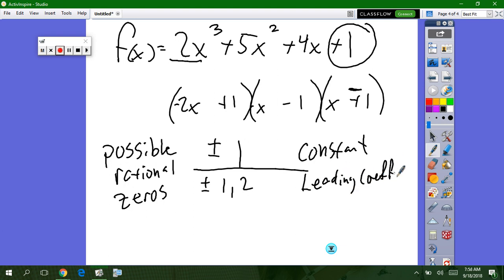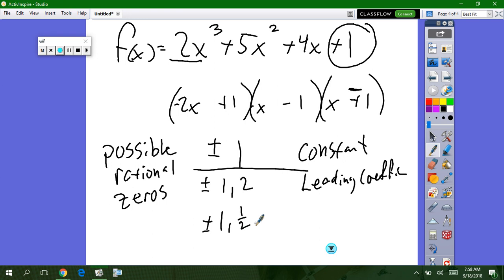coefficient. Now why? Why am I going to get these from, notice, these numbers divided by these numbers? So what are our possibilities? What's 1 divided by 1? 1. So we have plus or minus 1. What's the other option we have? 1 divided by 2.